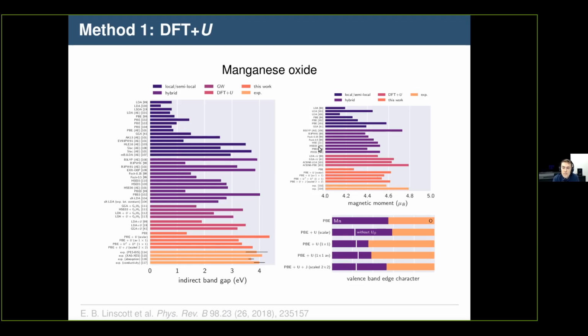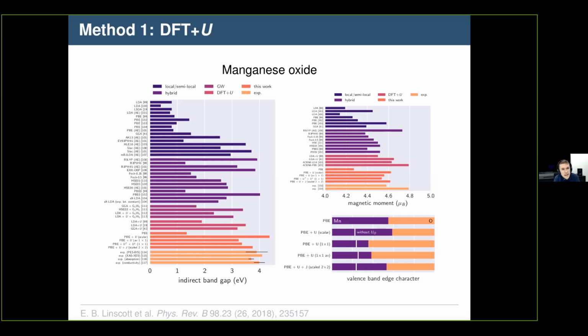Now, there are some caveats to this. So here's this plot, finally, looking at the valence band edge character. And so we know for the transition metal oxides that the early transition metal oxides, so your titanium and vanadium, are Mott insulators. So the band gap sits between your lower and your upper Hubbard bands.